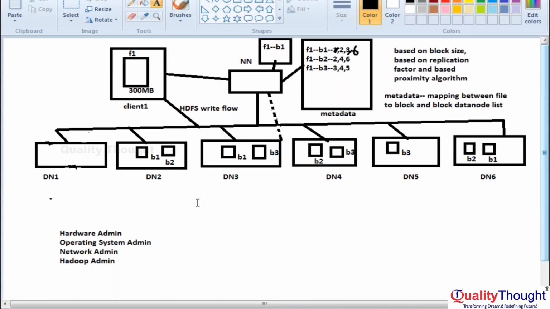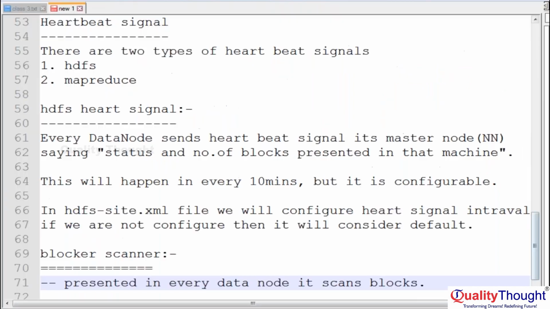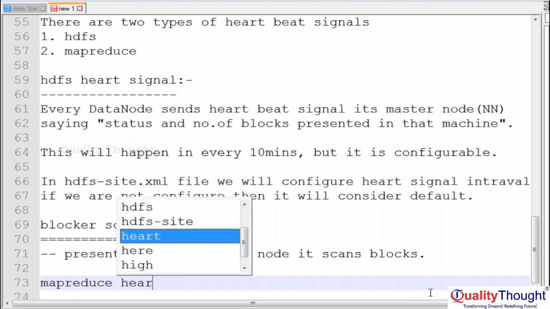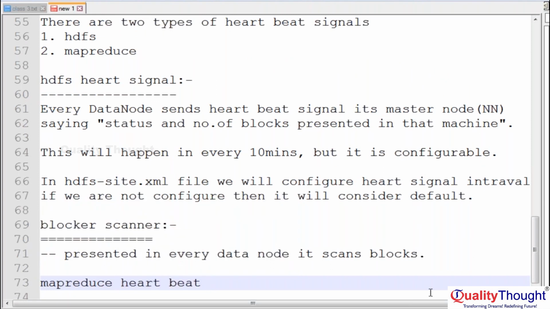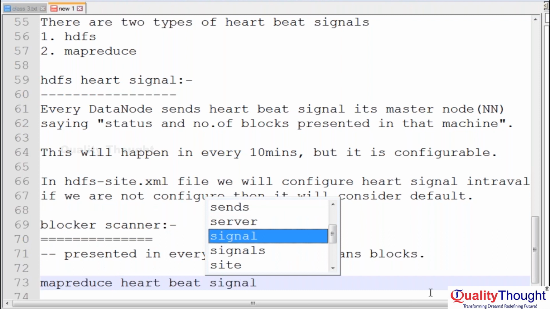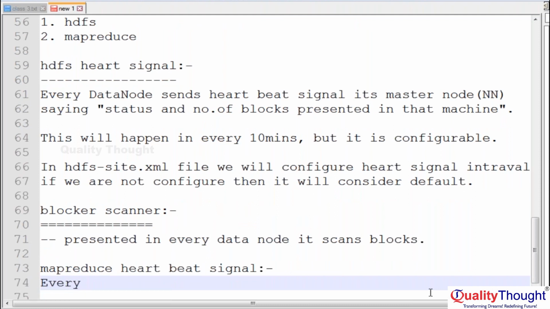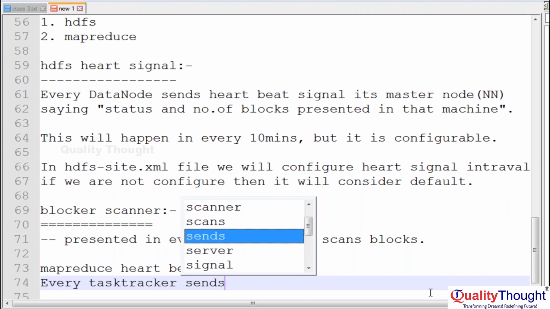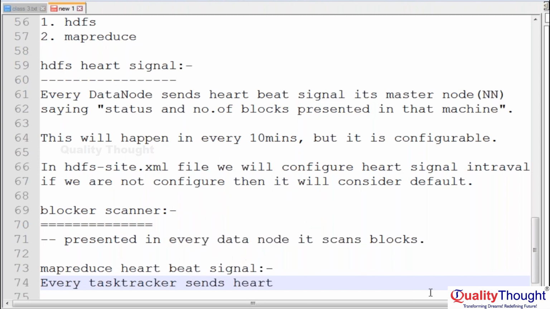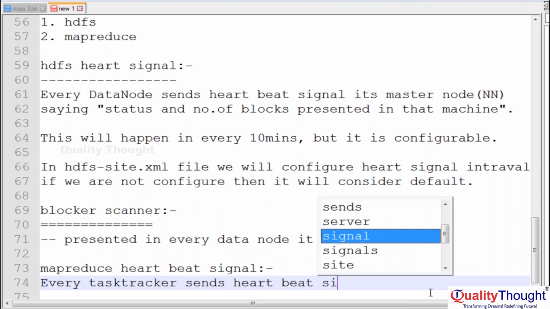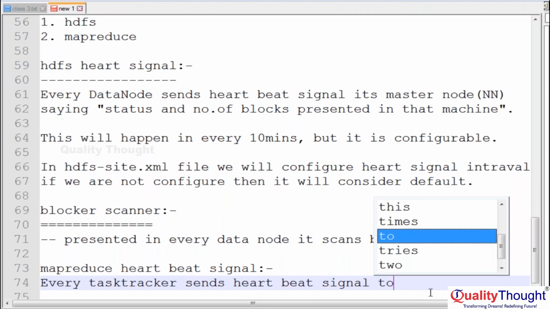Now in MapReduce, the heartbeat signal: in the MapReduce heartbeat signal, every task tracker sends a heartbeat signal to its master.